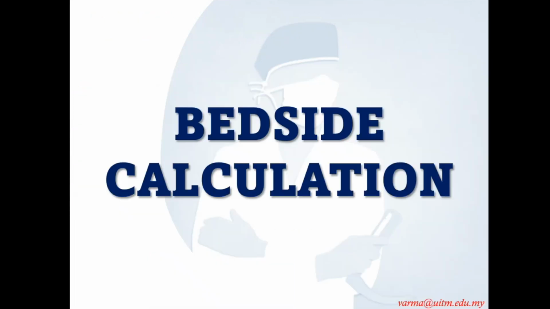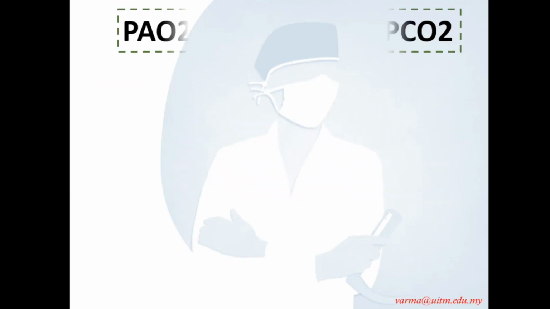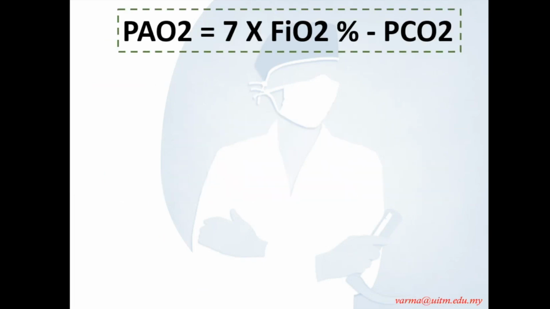So the bedside calculation, as I promised: how do we calculate the expected alveolar oxygen for a person breathing a certain FiO2? The proper way is using the alveolar gas equation, the full equation. But at the bedside, you can just calculate 7 times FiO2 in percentage minus the PCO2.